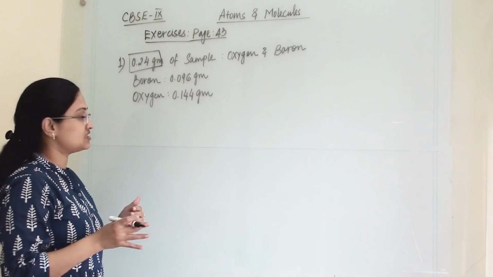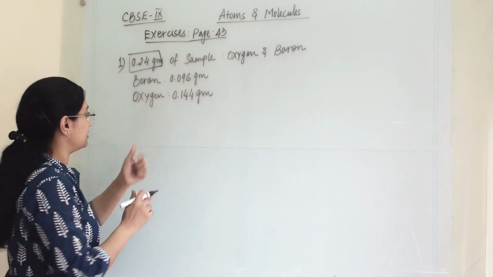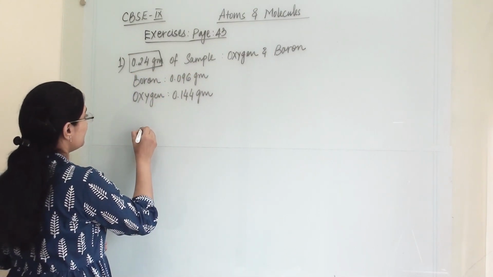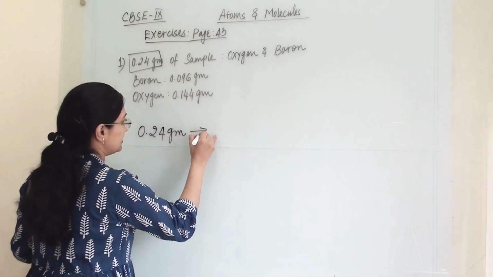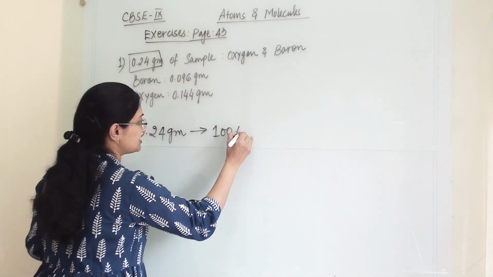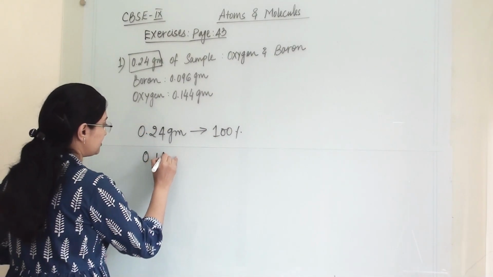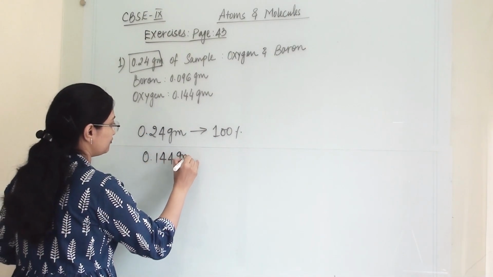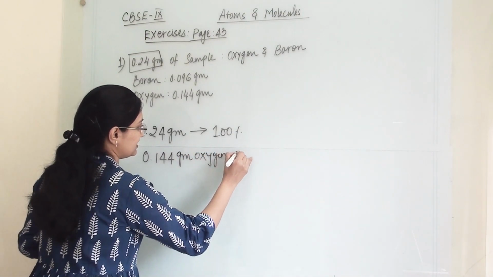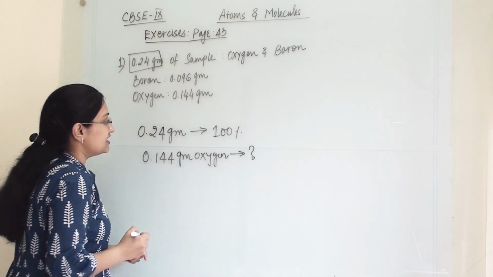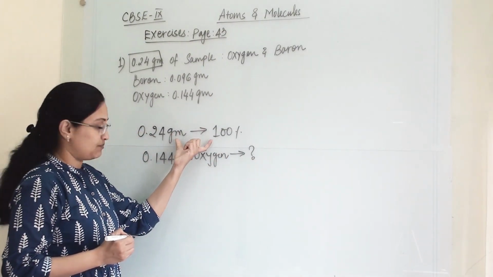How to find out percentage composition? We have this mass of sample. So if 0.24 gram of sample is 100% of the sample, then 0.144 gram of oxygen is what percentage of this sample?